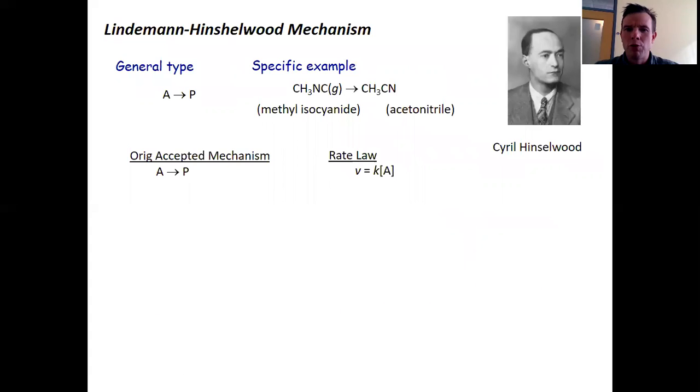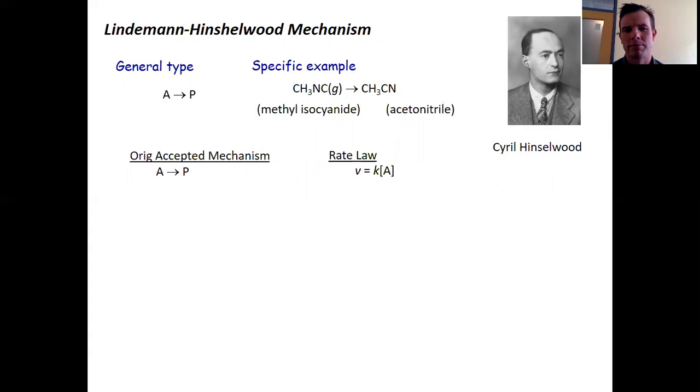I wanted to give you one example of how this is actually used in a kinetics situation. It's called the Lindemann-Hinshelwood mechanism. This is Cyril Hinshelwood. These concern reactions of the generic type A going to P. If you wanted a specific example, lots of isomerization reactions are Hinshelwood mechanisms.